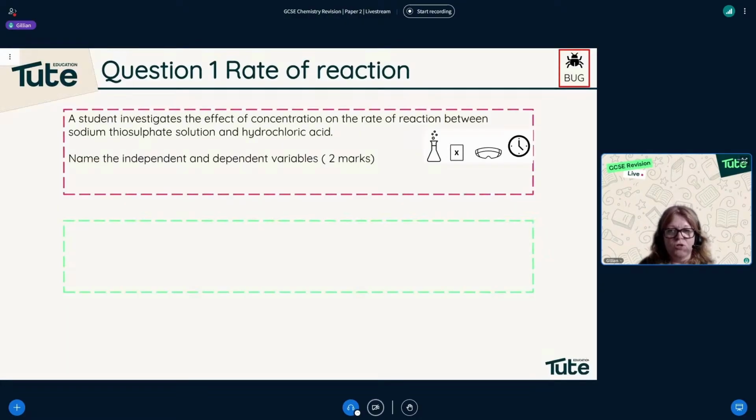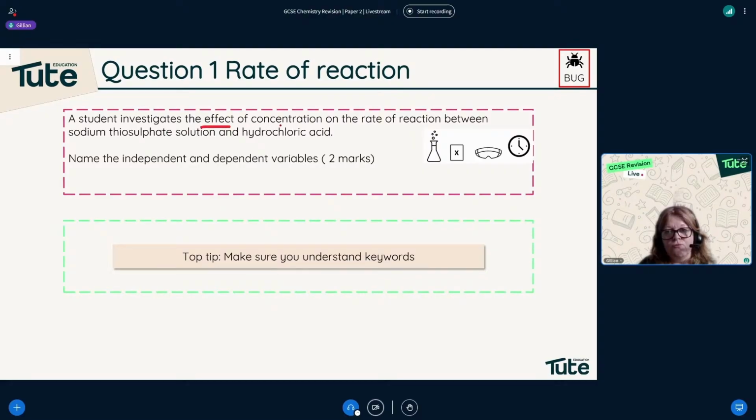Okay, so let's move on to our next question, still on the same experiment. For this one, my top tip is make sure that you understand your key words. A student investigates the effect of concentration on the rate of reaction between sodium thiosulfate and hydrochloric acid.